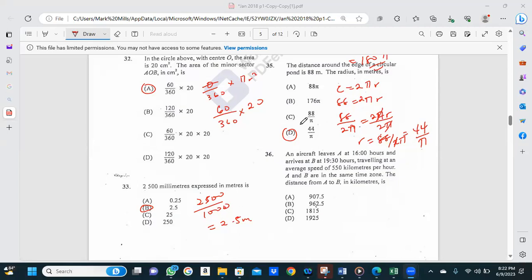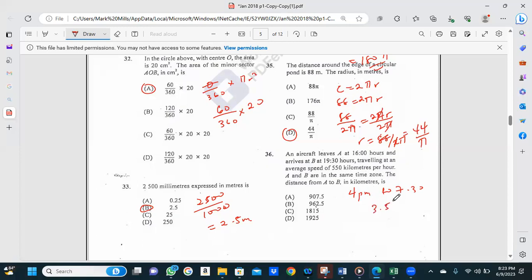So first of all, from 16, which is 4 o'clock p.m., to 19:30, which is 7:30 p.m., that gives me 3.5 hours for the time.